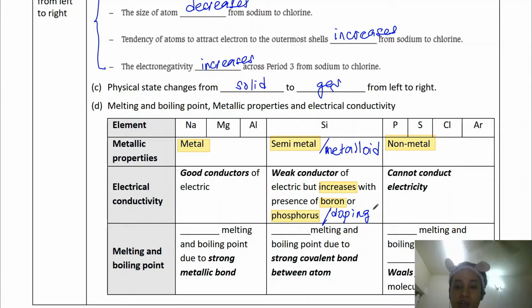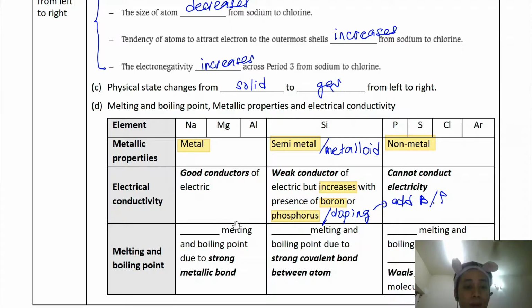In the context of silicon, doping means I add either boron or phosphorus into the silicon. When I add these, the electrical conductivity will increase. This process is what we call doping. This one you will learn later in your physics.